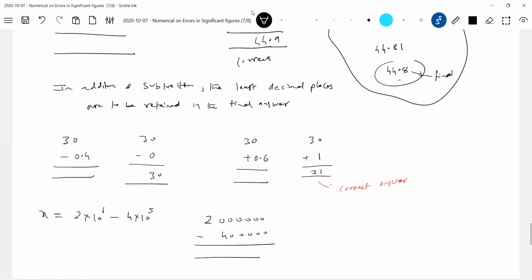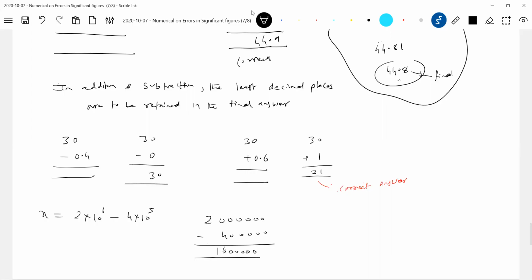We have to subtract here. 16, 5 zeros, okay. But this should not be the answer, no?